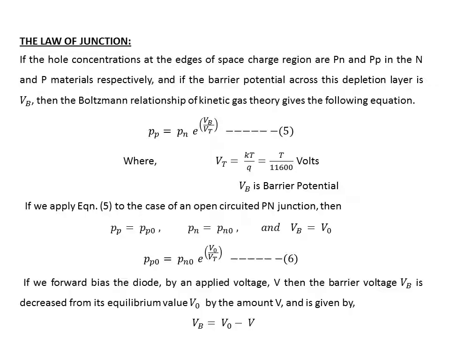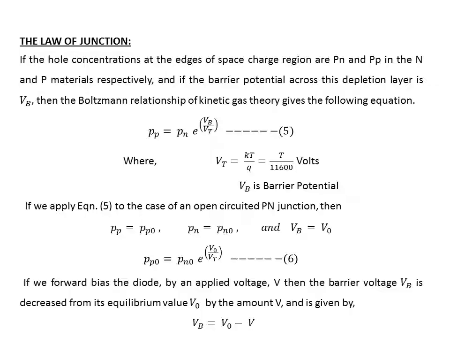If we apply this equation 5 to an open circuited PN junction diode, then it can be replaced with the equilibrium hole concentrations, and the barrier potential is equal to V0.